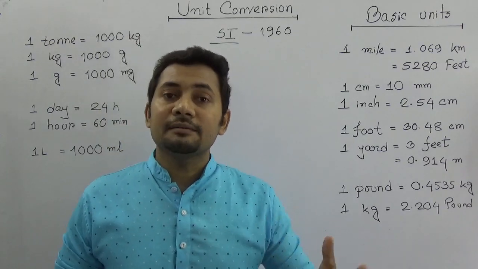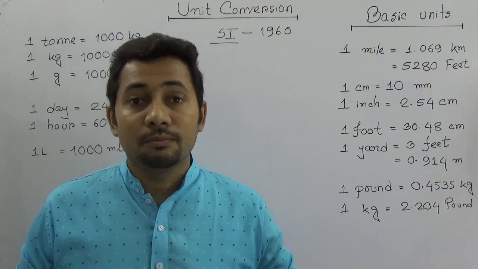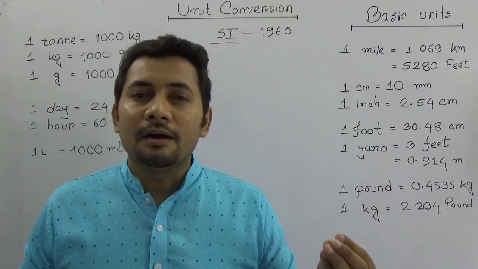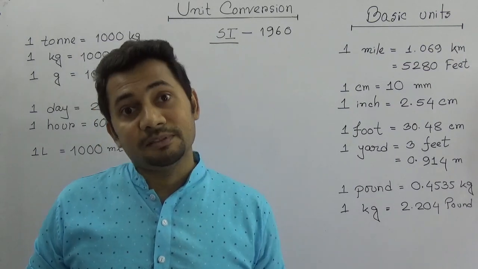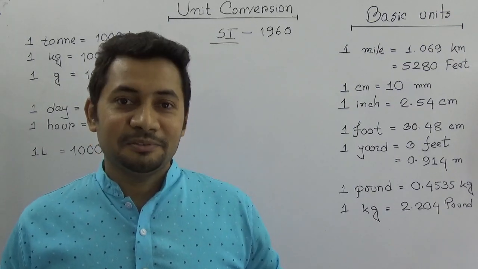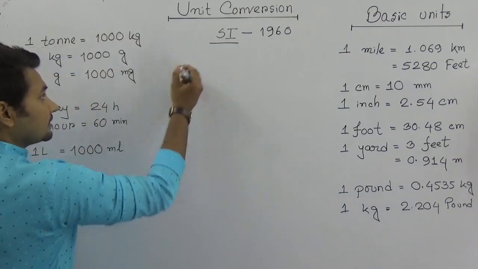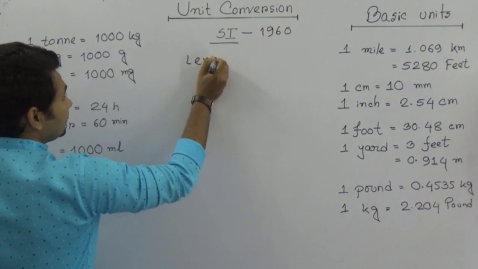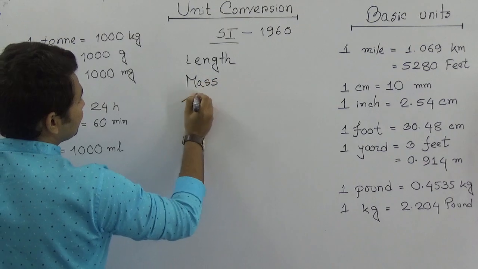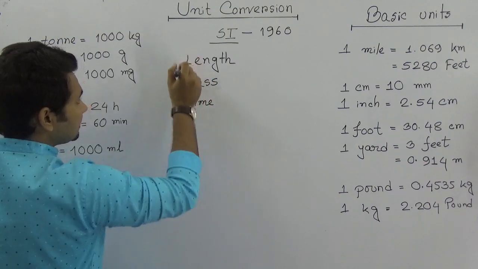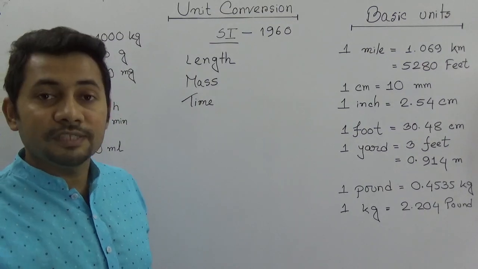Suppose when we measure length, we talk about meter. When we talk about mass, we think about kilogram or gram. And when we think about time, we talk about seconds. So length, mass and time are the basic quantities that we usually use in physics.